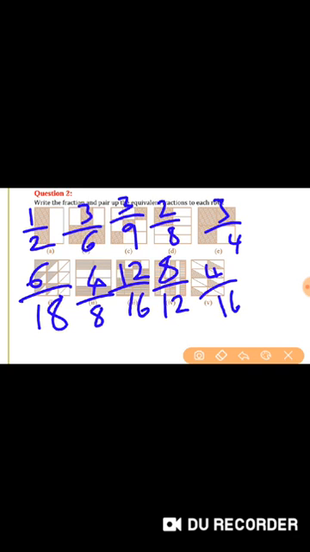Okay, now we have to simplify each fraction. So 1 by 2 is already simplified. 3 ones are 3, 3 twos are 6. 3 ones are 3, 3 threes are 9. 2 ones are 2, 2 fours are 8. So 3 and 4, it is always simplified. Again it is 6 ones are 6, 6 threes are 18.